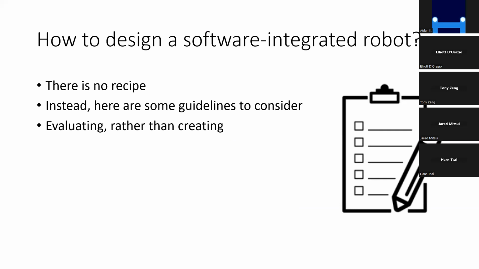Obviously the first question we have to answer is how to actually design a software integrated robot. And the simple answer is there is no recipe. Personally, we believe that designs really come from the people and their ideas. So I don't believe it's right for me to tell you a specific way to build a robot or any specifics that may limit your creativity.